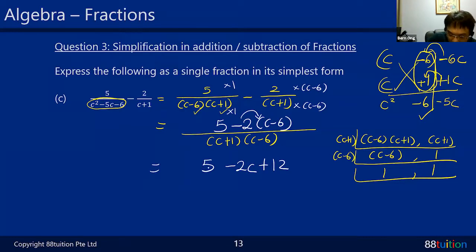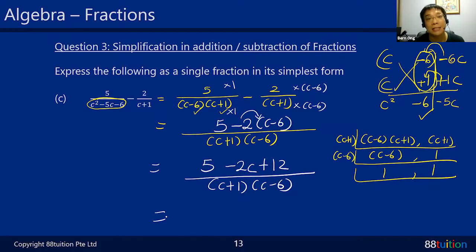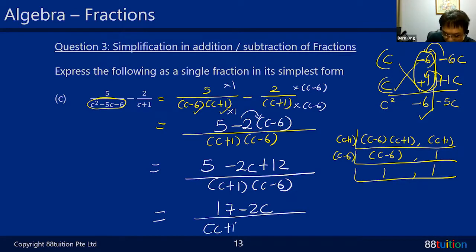The 5, put it back. The bottom, don't expand. Listen to me, please. Now you have to simplify. 5 plus 12 will give you 17 minus 2C over C plus 1 and C minus 6. Answer. Can you see or not? The bottom, leave them alone. Yes, correct, Celeste. Leave them alone.